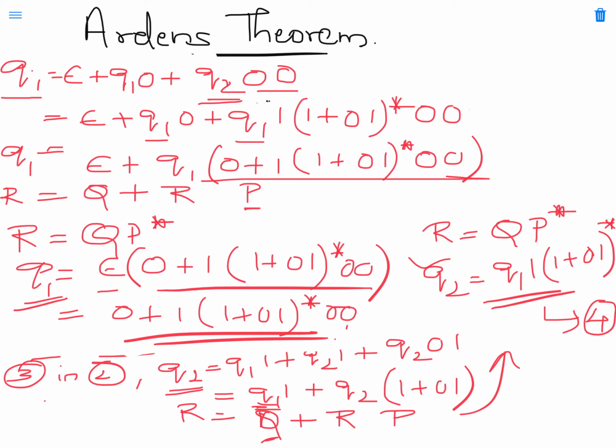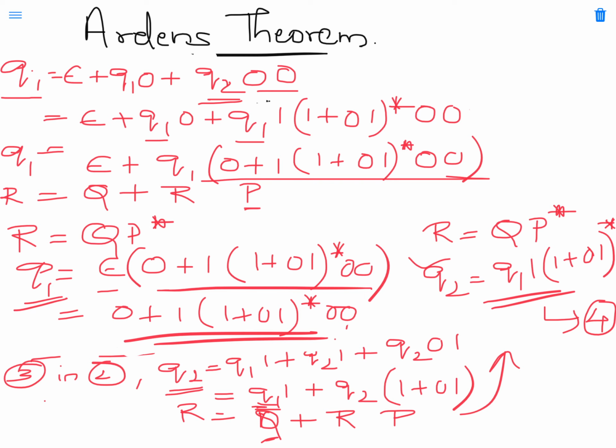So Arden's theorem is like this: first you need to find the equations for the given automata, and the automata should not have any epsilon transition and only a single initial state. The final regular expression will be based on the final state of the automata.